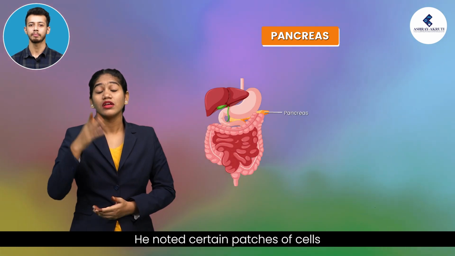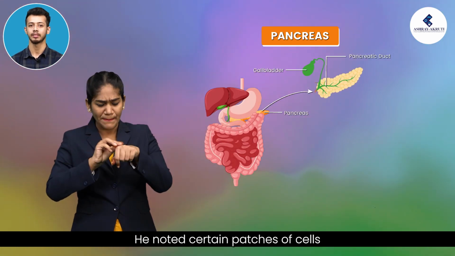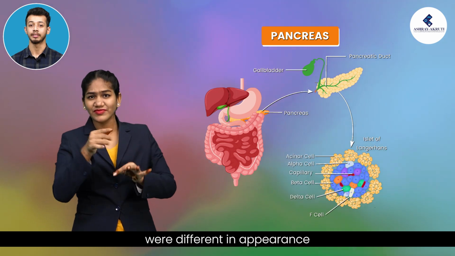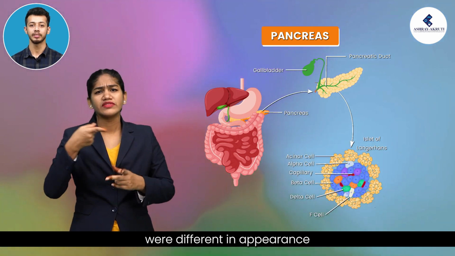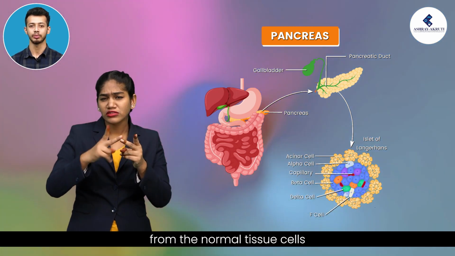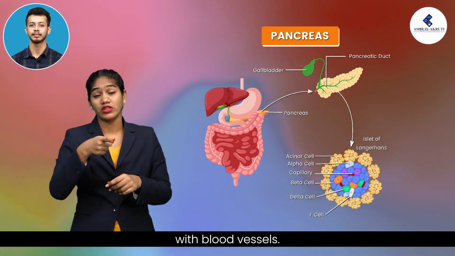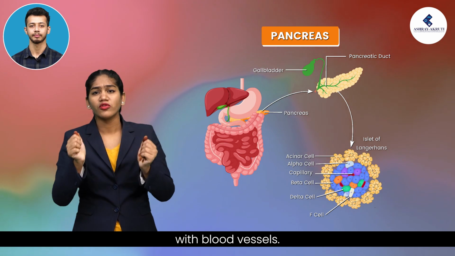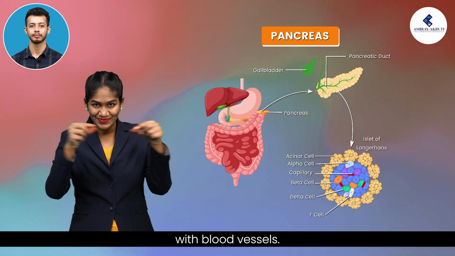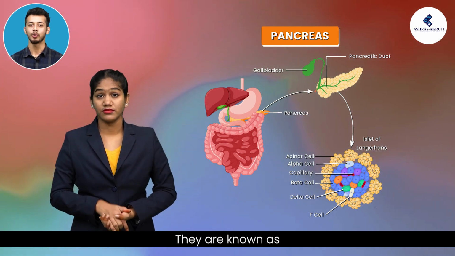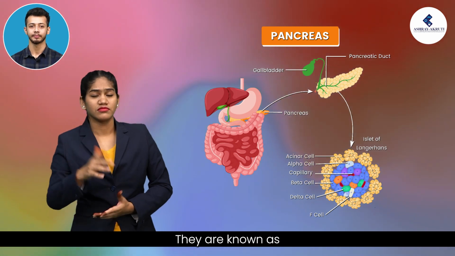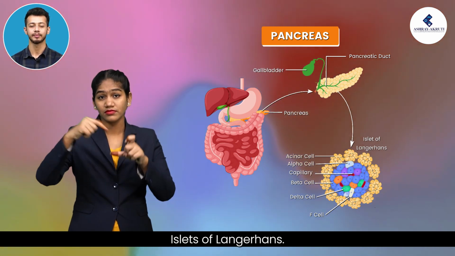He noted certain patches of cells were different in appearance from the normal tissue cells and were richly supplied with blood vessels. They are known as islets of Langerhans.